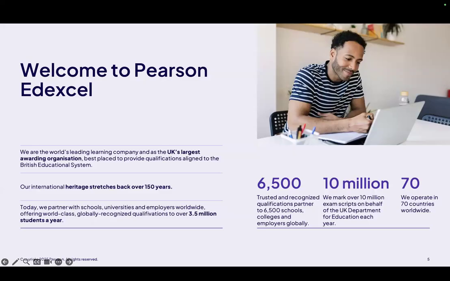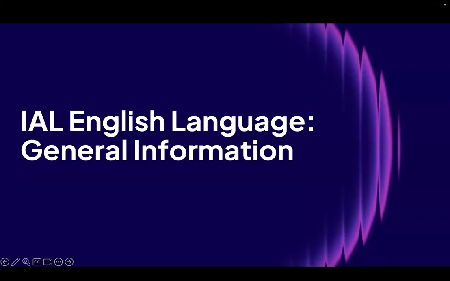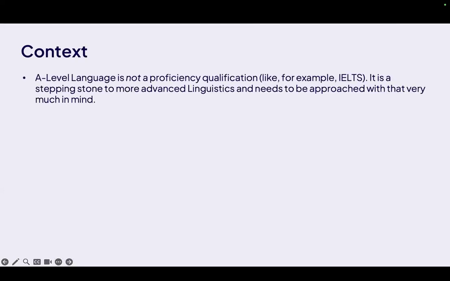Okay, so that's Pearson. The qualification that we're going to be looking at today on paper 3, some general information about it. This A-level language qualification is not a proficiency qualification like, for example, the IELTS. And if you're not familiar with the IELTS, it's the International English Language Testing System.